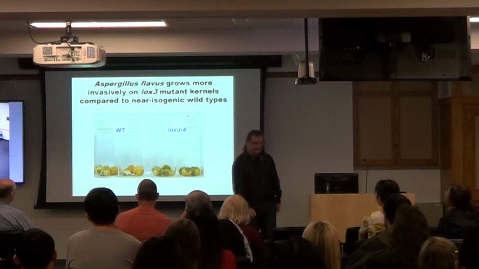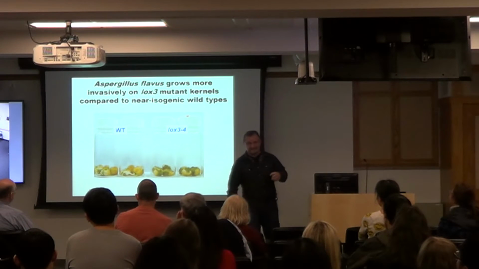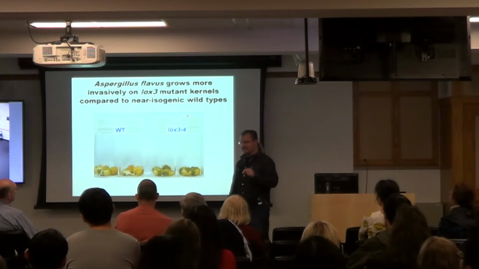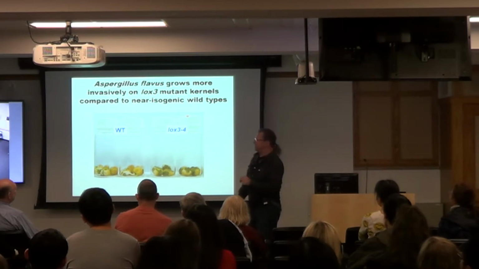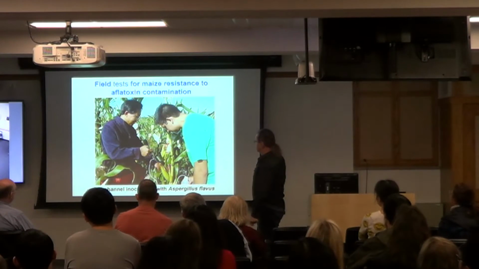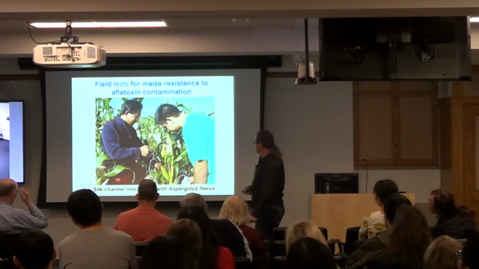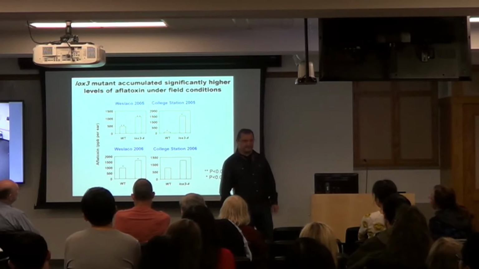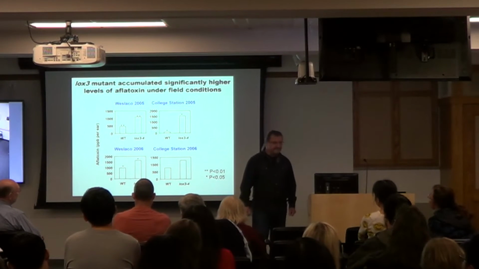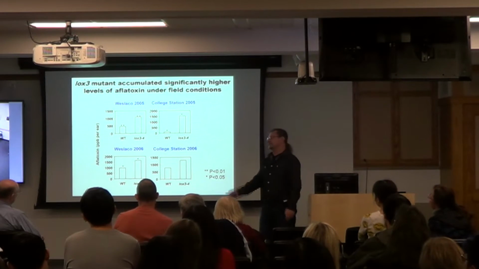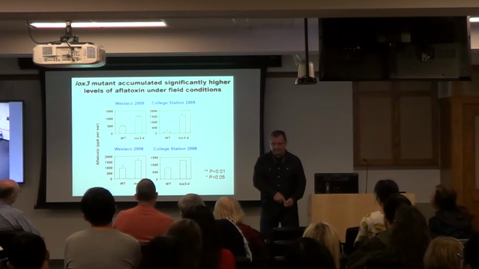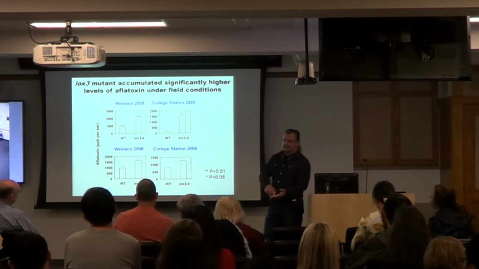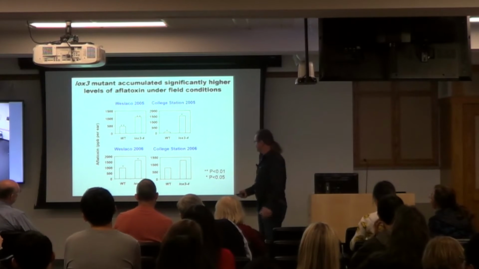Because LOX3 mutants, which were characterized by an extremely low level of contamination by fumonisin, are extremely susceptible to Aspergillus flavus. We saw it in the kernel assay, we saw it in the field, we saw that they always produce a much greater level of aflatoxin. So fumonisin is down, aflatoxin is up. Colonization by Fusarium is down, or unchanged. Flavus just loves this seed.